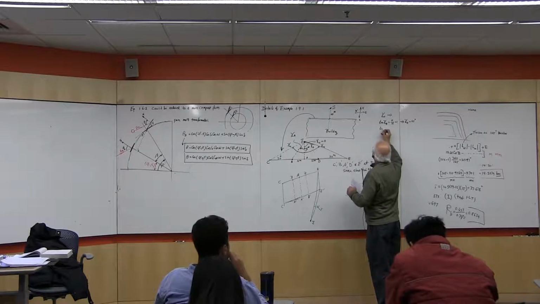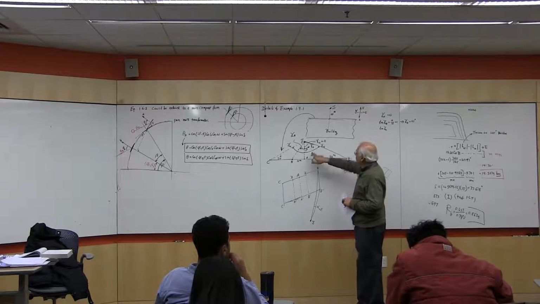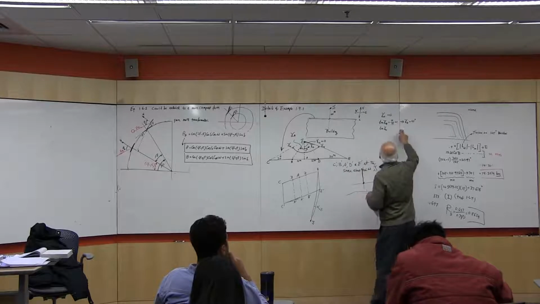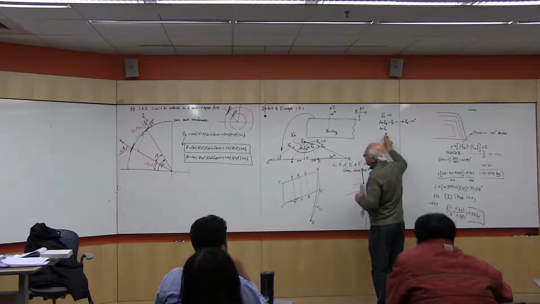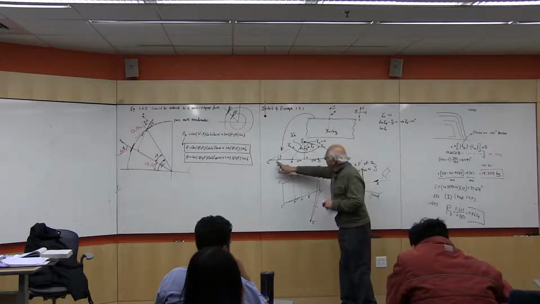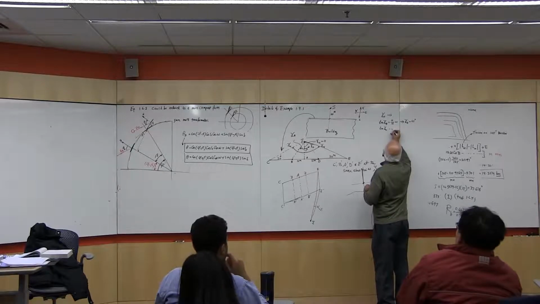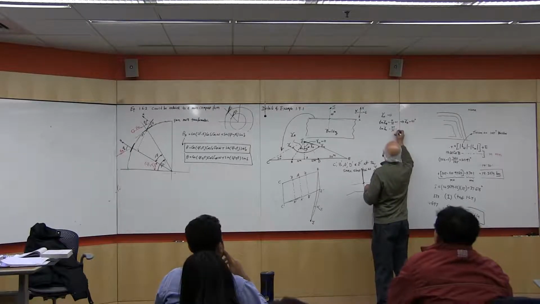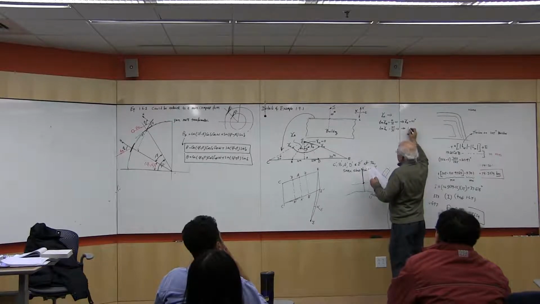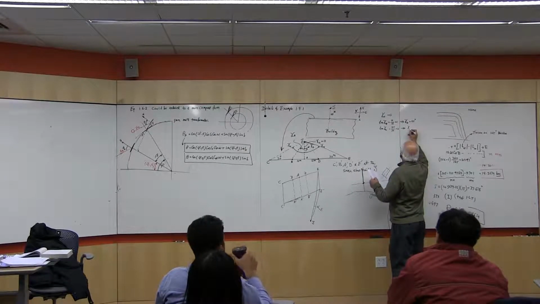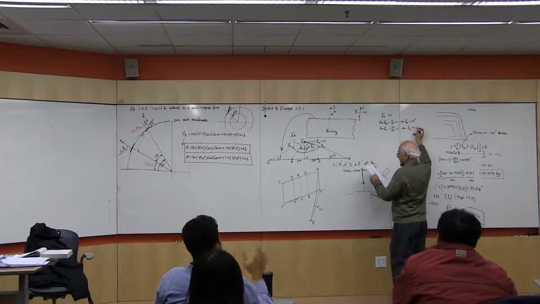Tan of gamma OC, and by the way, therefore OD would be minus 45. I'll write it down, but let's calculate OC would be 30 divided by 10. So it's 3, and out of that I get gamma OC 71.6 degrees.